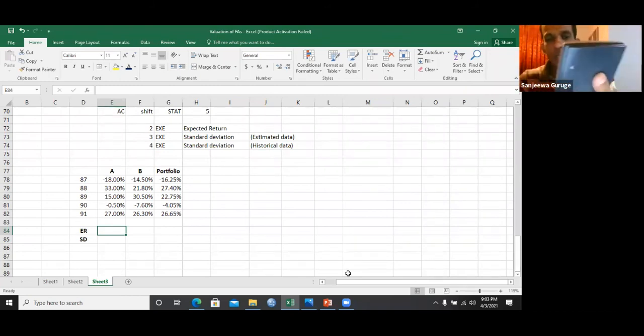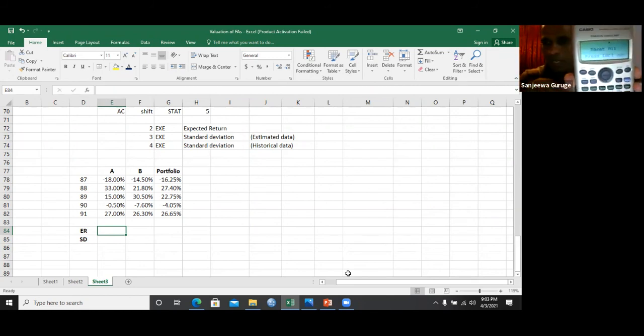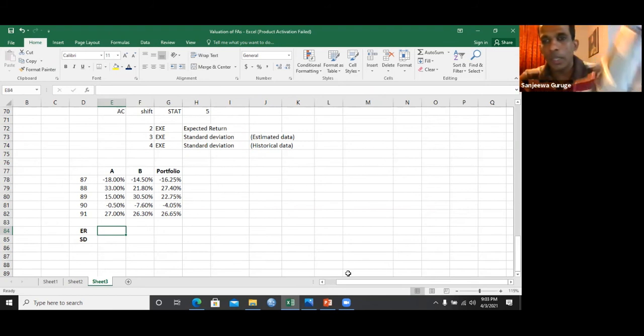Shift 9, select all, exe, just to be familiar. So you clear memory, and after that we have to turn on the stat mode, that is setup. We select stat, then we turn on the stat mode and exe. Then we select the type, stat. Yes, you get these two.